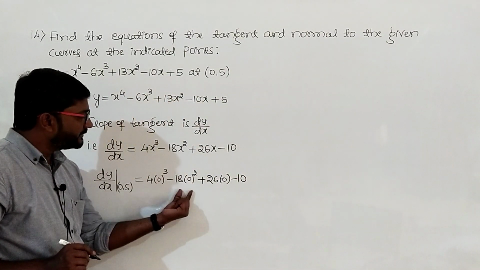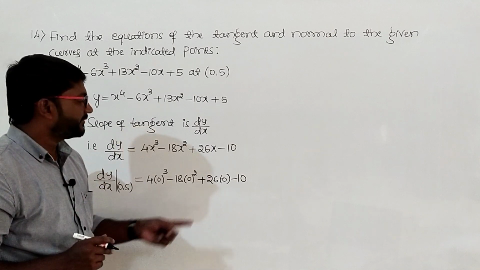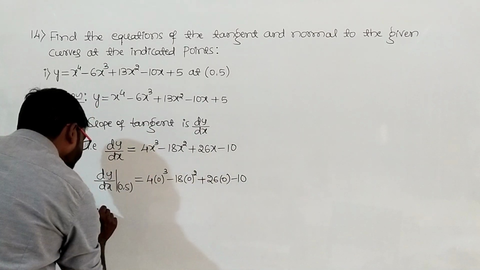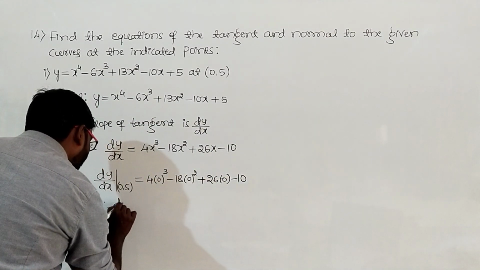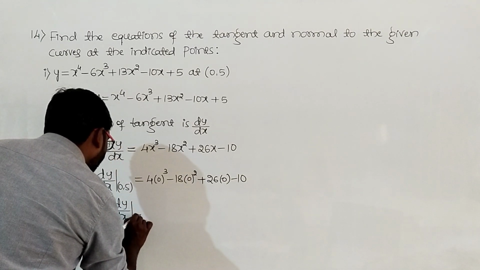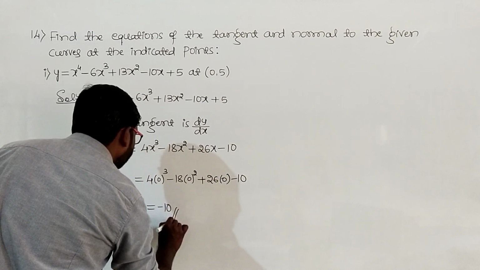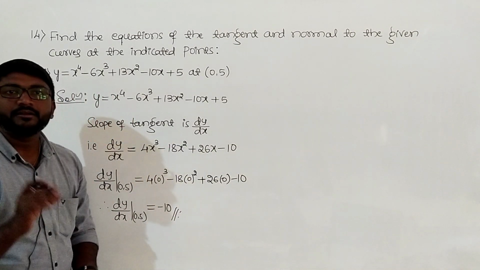So all these three terms will be 0, and the slope of the tangent at 0 comma 5 is going to be minus 10. Therefore dy by dx at 0 comma 5 equals minus 10. So this is the slope of the tangent.